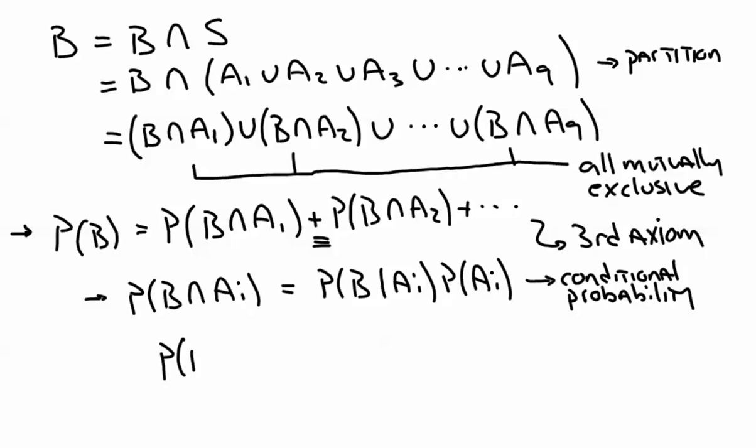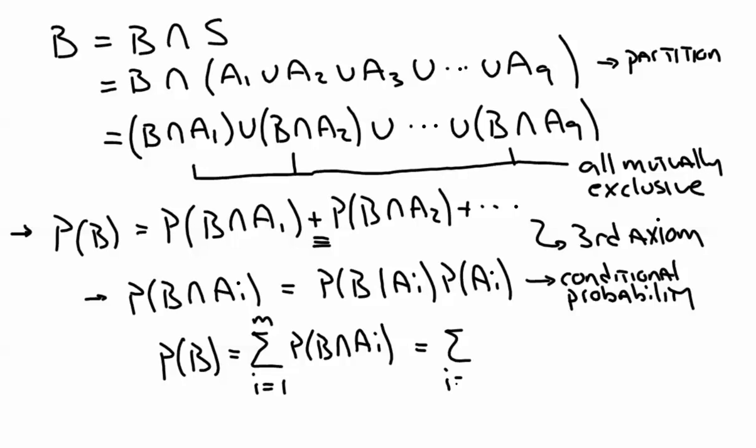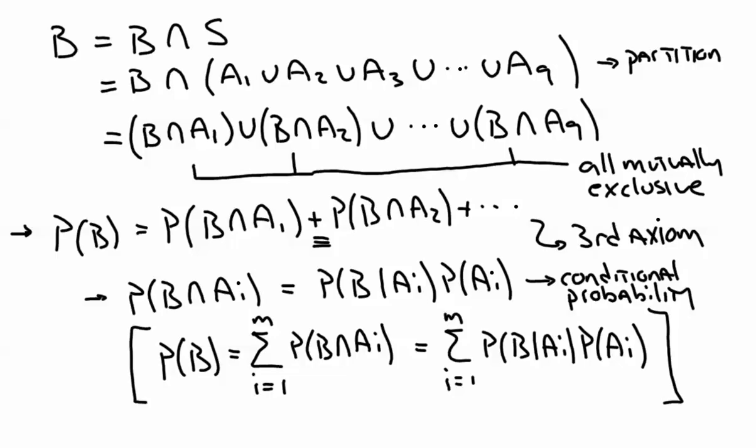The probability of B equals the summation from i equals 1 to M of probability of B intersect A sub i. That is also written as the summation from i equals 1 to M of probability of B given A sub i times the probability of A sub i. That relationship there is known as the theorem of total probability.